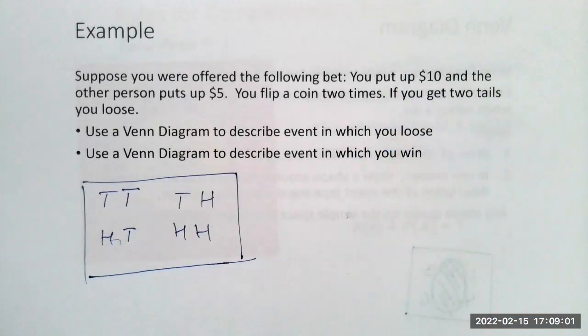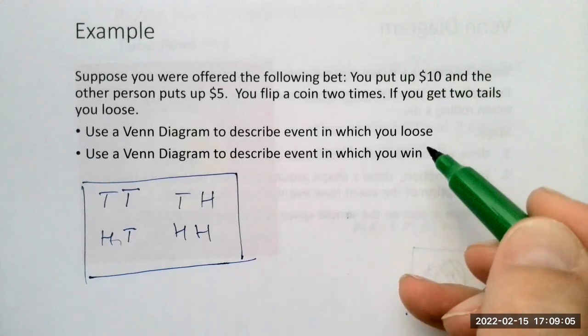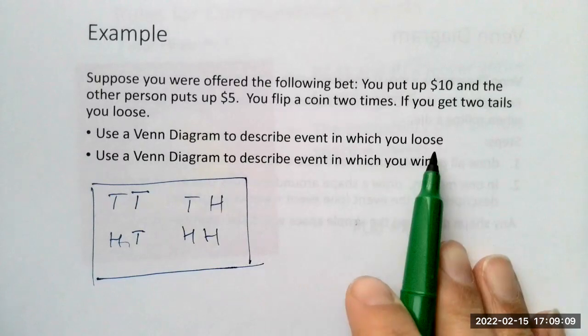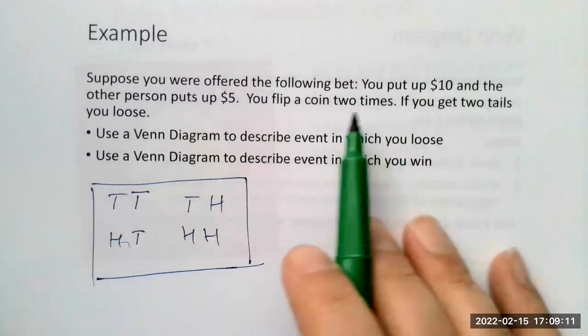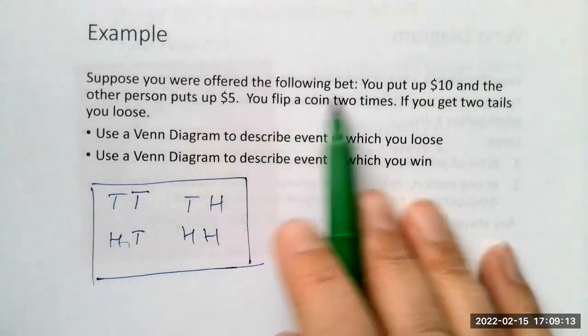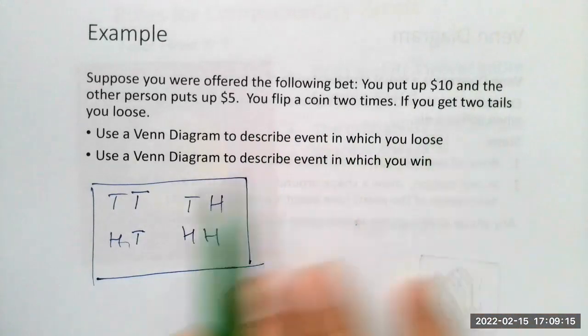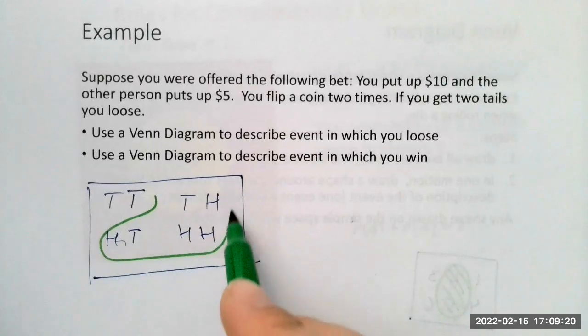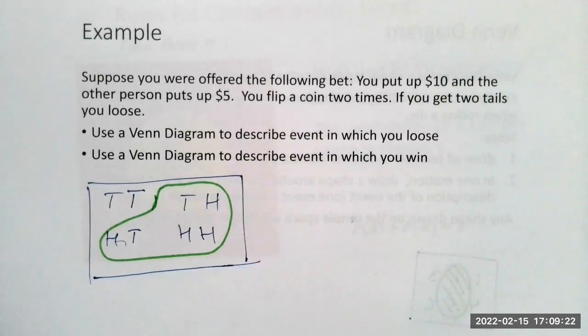So in which event do you win? Oh, it says describe the event in which you lose. So you do not win, and you win when you get 2 tails. So this is the event that you win, and the rest is when you lose.